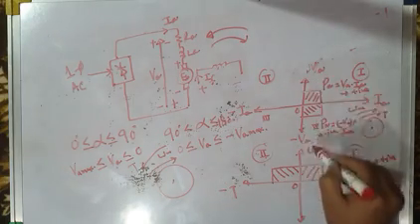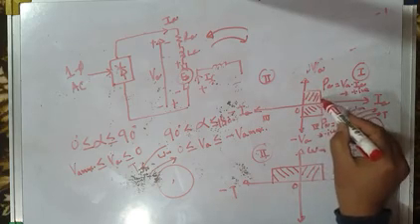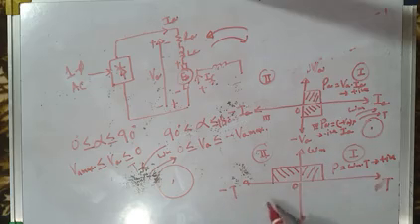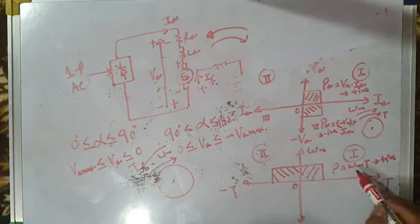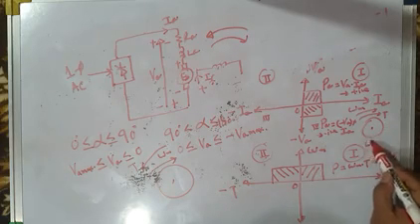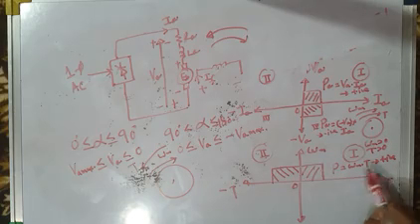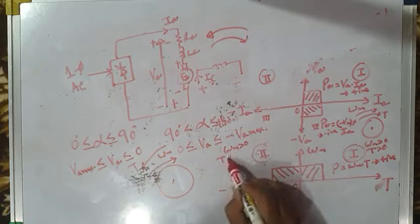On the VI characteristic, the drive either operates in first quadrant or in fourth quadrant. But on torque speed characteristic, it operates in the first quadrant and second quadrant. Because in first quadrant, speed is greater than 0, torque is also greater than 0, power is positive. In the second quadrant, speed is positive, but torque is negative.